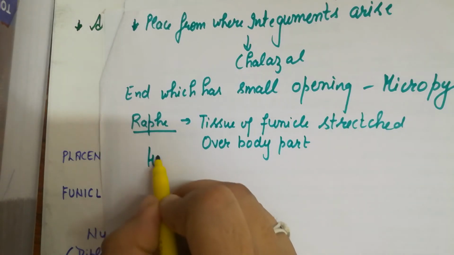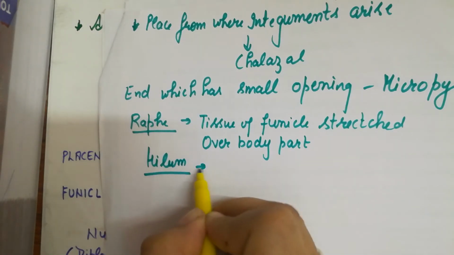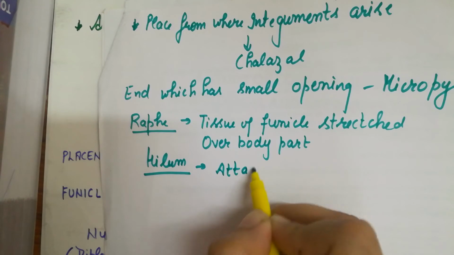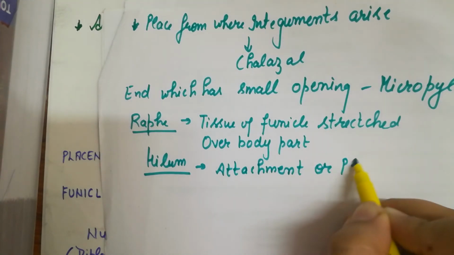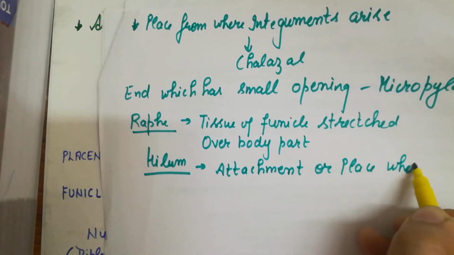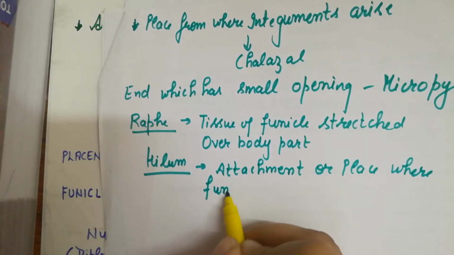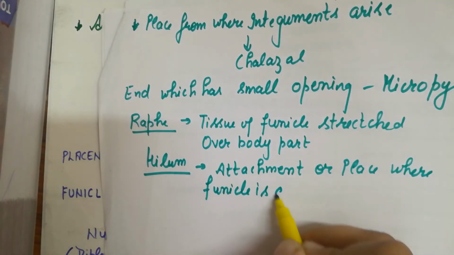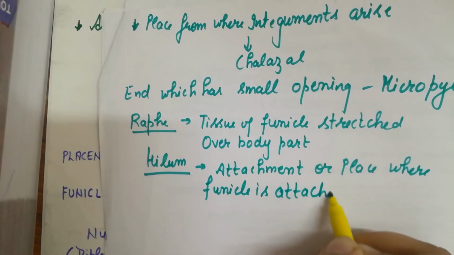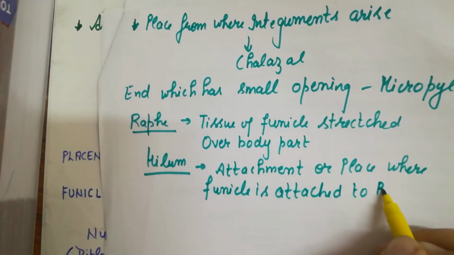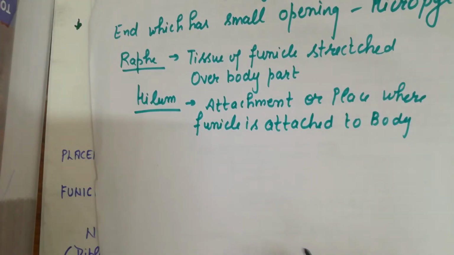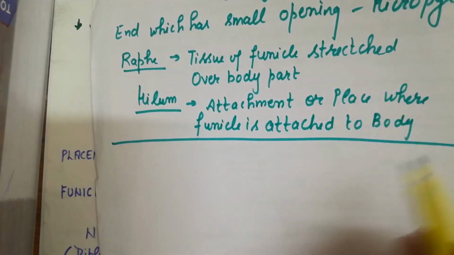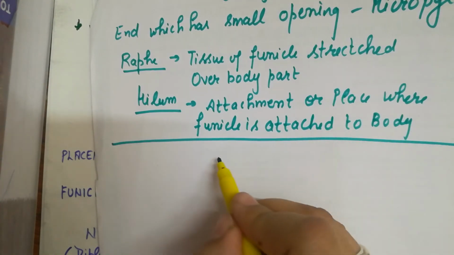And hilum is the place where the funicle is attached to the body. Basically where the funicle is attached, that is called hilum. Clear?